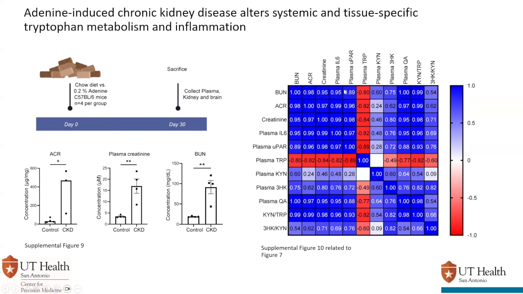And I'm not showing it here, but in the paper you can see that not only plasma quinolinic acid, but also brain quinolinic acid was significantly increased, as well as kidney quinolinic acid, correlating with markers of kidney dysfunction and systemic inflammation.